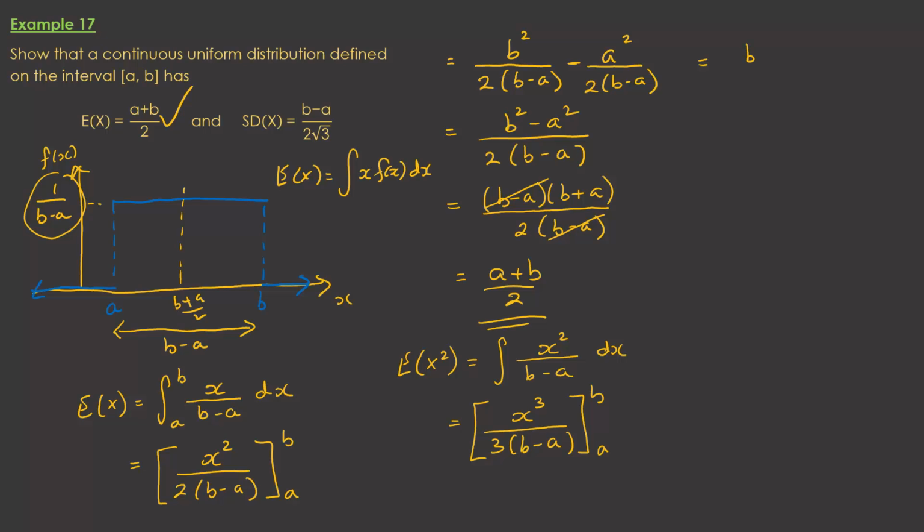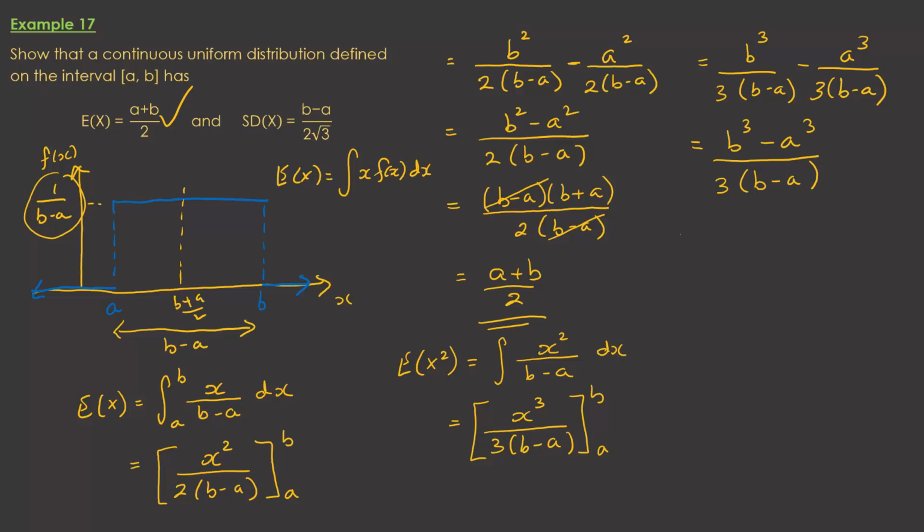So that's going to be b cubed over 3(b − a), take away a cubed over 3(b − a), which is (b cubed minus a cubed) over 3(b − a).